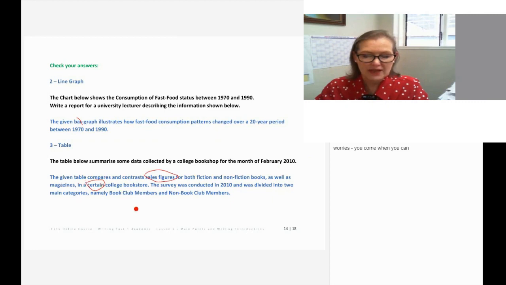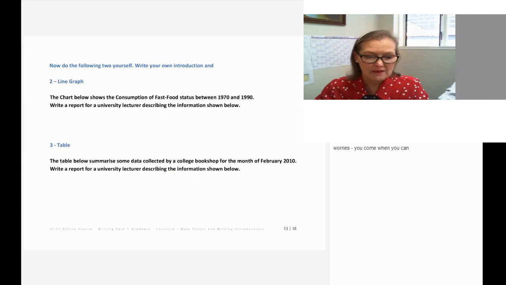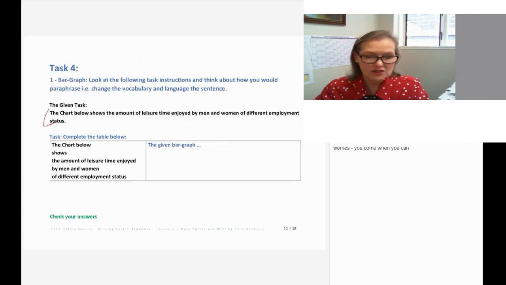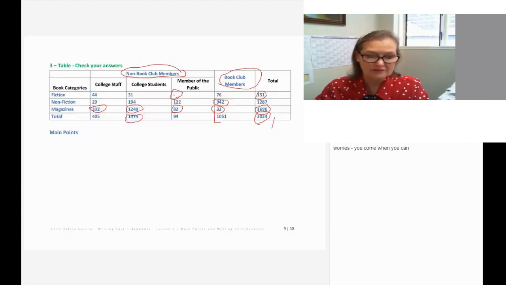I'll just flick back for you, Gaurapreet, just to make sure that you got a screenshot of the line graph. And then I'll flick back and you can take a screenshot of that bar graph.